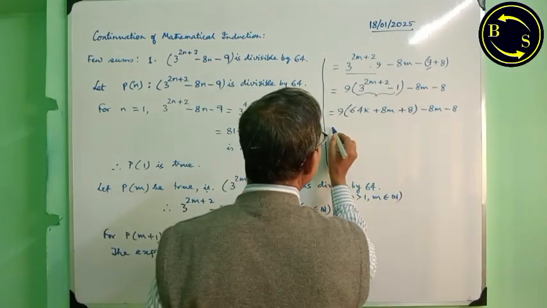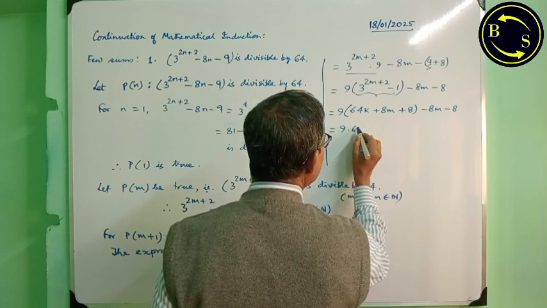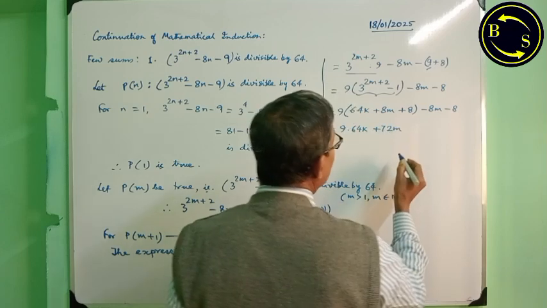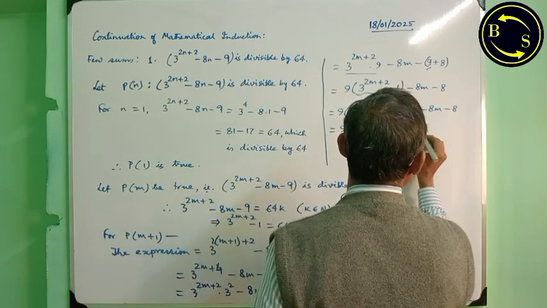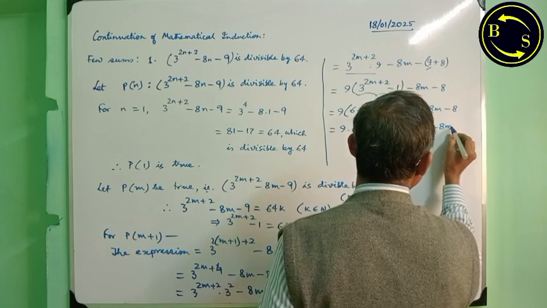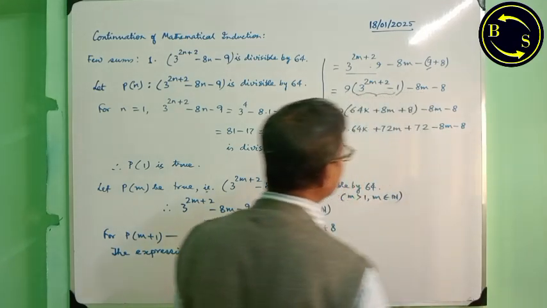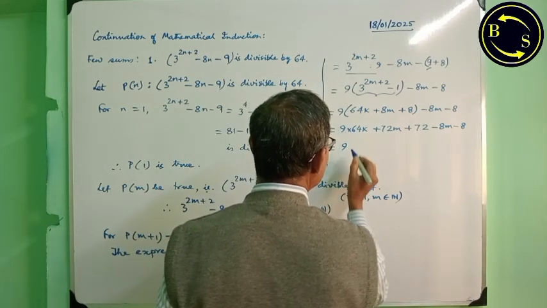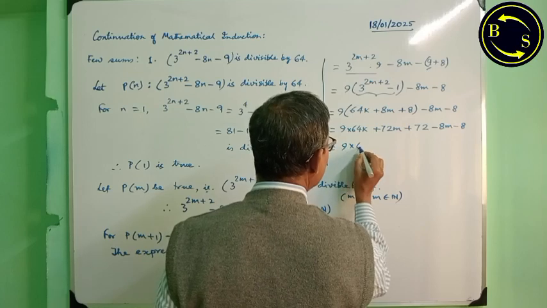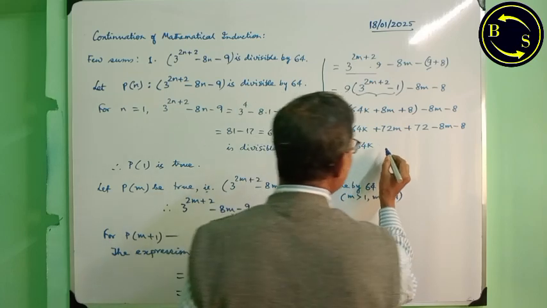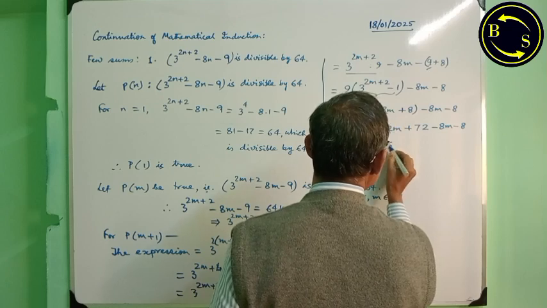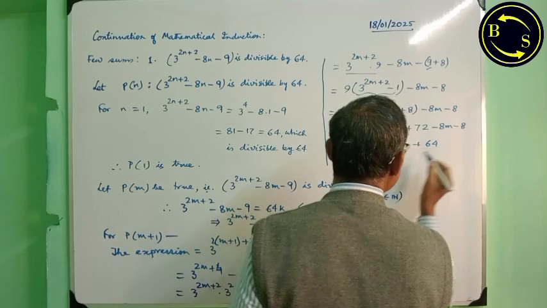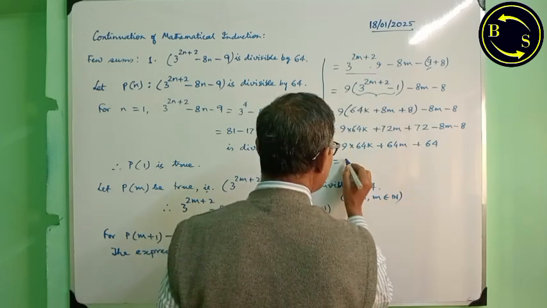Now I simplify. 9 into 64k plus 72m plus 72 minus 8m minus 8. Now 9 into 64k plus 64m plus 64. What we find, 64 is the common factor.